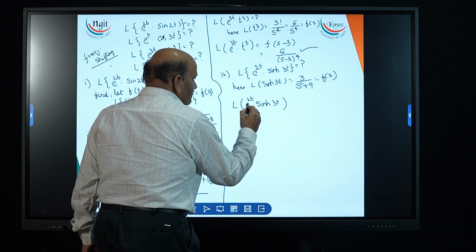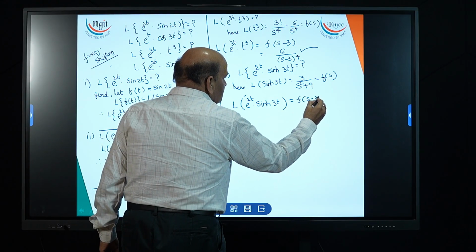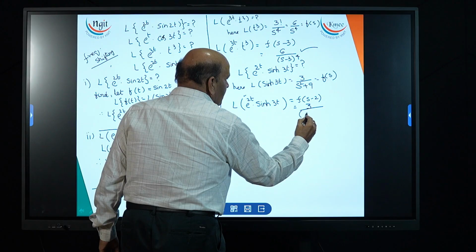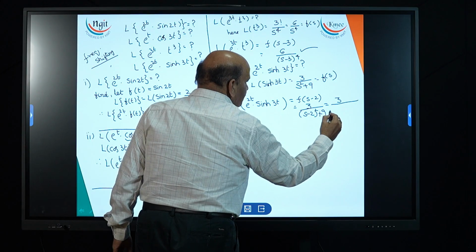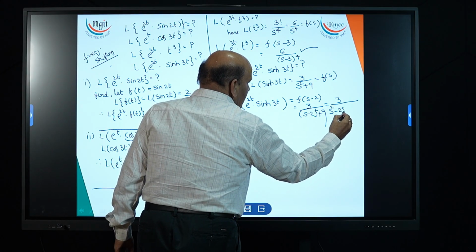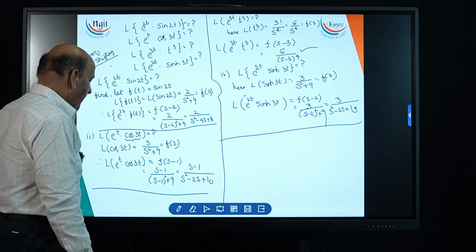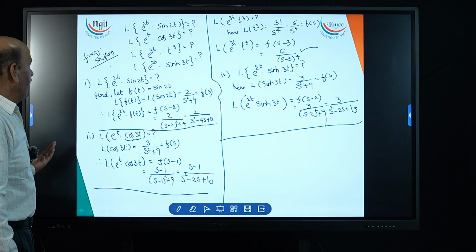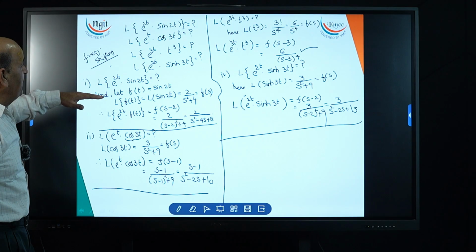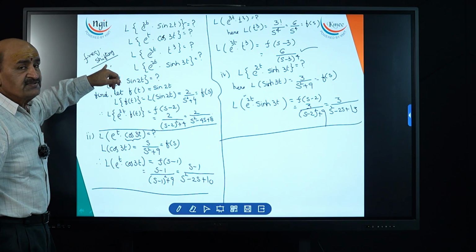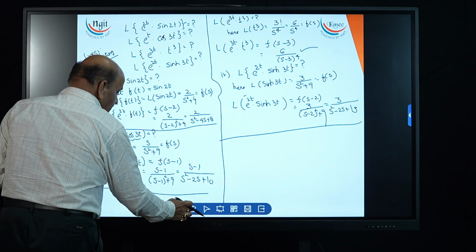Here frequency shifting, a equals 2. This will become f of s minus 2, which is 3 by (s minus 2) whole square minus 9. This is equal to 3 by s square minus 4s minus 5. Understanding? So this is the way of applying frequency shifting. Take any signal, multiplying with exponential, you call it frequency shifting. Understanding? Now, let us start another one.